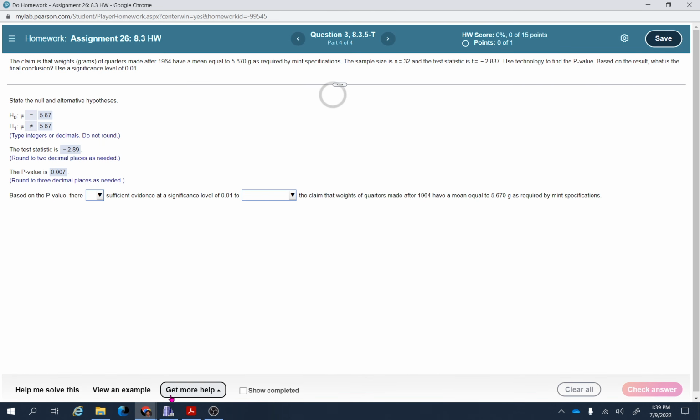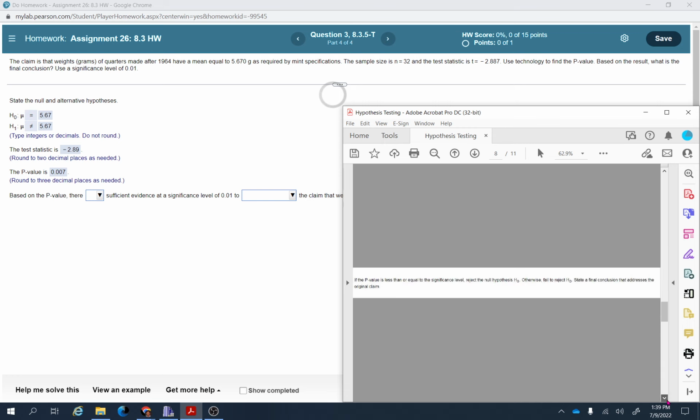Okay, so now if you go here and look at the p-value thing, it says, hey, if your p-value is less than or equal to the significance level, in this case that's true because the significance level is 0.01 and this is less than, so reject the null hypothesis.